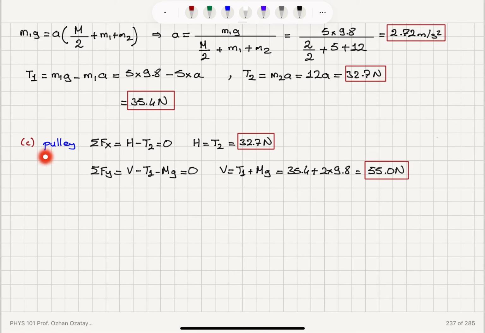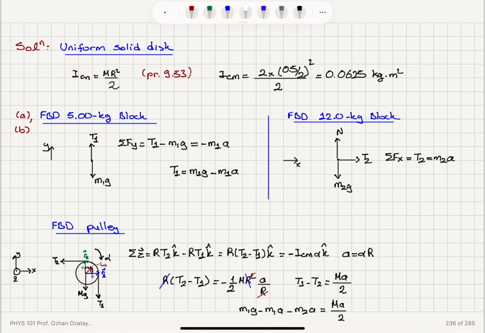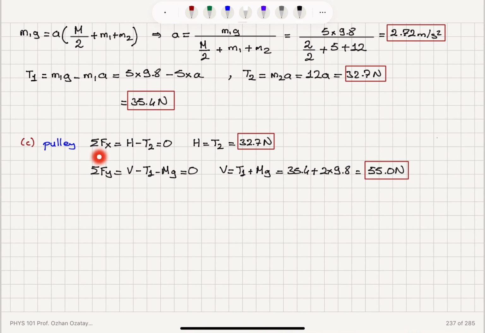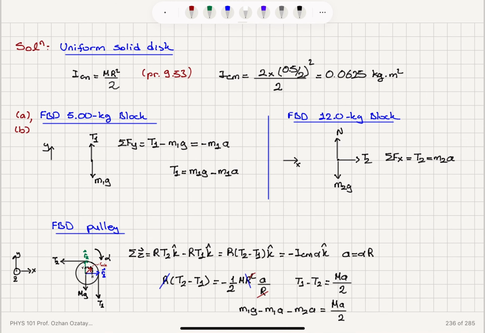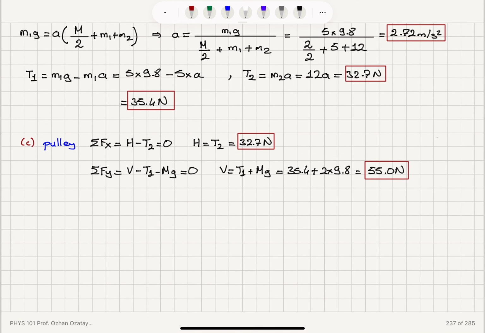In order to figure out the contact force on the pulley, I write the equilibrium condition on the pulley because the pulley is not moving, it's actually only rotating. Translational force on the x-axis is H minus T2 equals 0. On the y-axis it is vertical force V minus mg minus T1 equals 0.